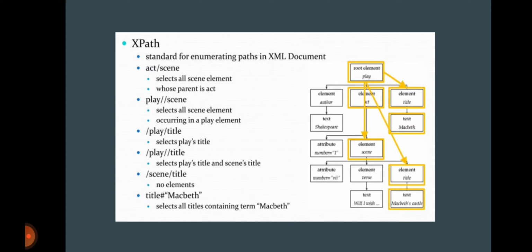The difference between these two is that in the first case, only those scene elements are selected whose parent is act, but in the second one, all the scene elements occurring in a play element are selected. Now, if we look at the last one, title #Macbeth, that will select all the titles containing the term Macbeth.